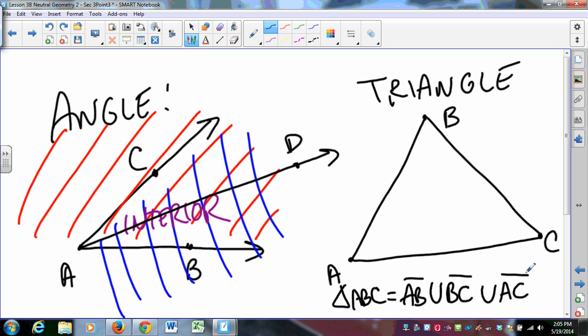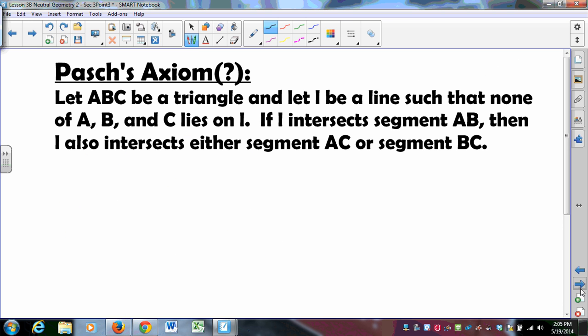One more thing in this section that we should talk about: Pasch's axiom. This is not actually an axiom, it's a theorem, but it's called an axiom because it's in Hilbert's foundations of geometry. When he built a geometry, he built this in as an axiom. It's actually not hard to prove using the axioms that we've laid down, and so that's what we're going to do.